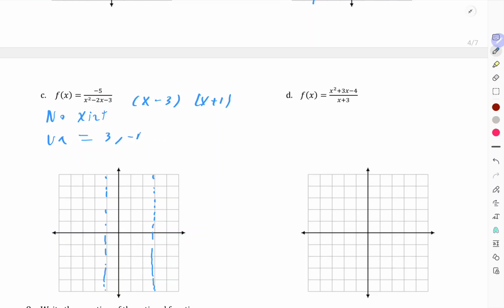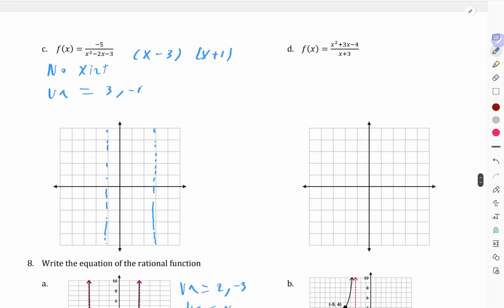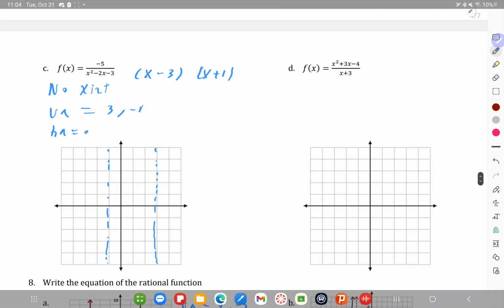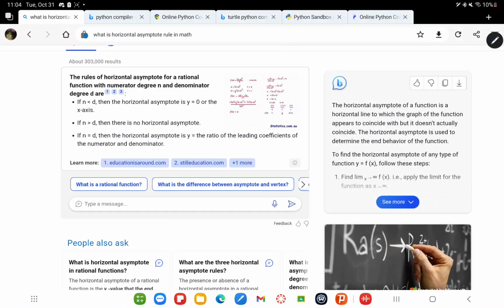Okay, now what are we doing with all of that? If we look at this very carefully, we can see that we don't have x-intercepts. The horizontal asymptote is actually going to be 0, because according to this law, if the numerator degree is less than the denominator degree, then it is 0.